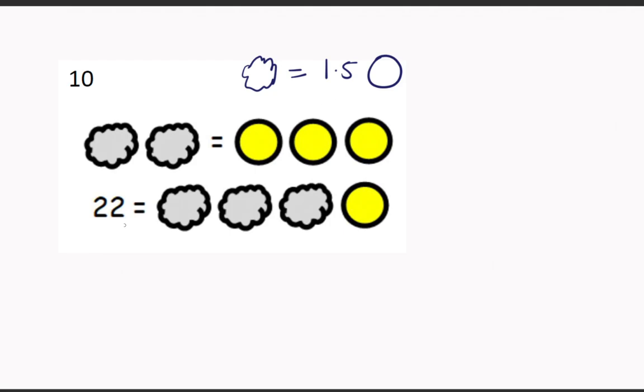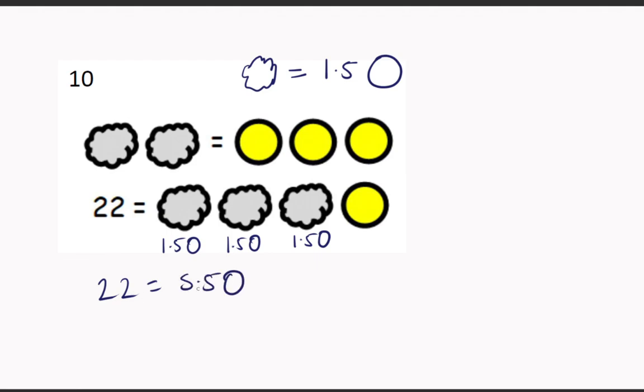Okay. So then in the second line, each of these clouds I can replace by 1.5 circles. That's all these circles. Okay, so how many circles have I got all together? Well, 1.5 and 1.5 and 1.5 is 4.5 plus another 1 whole circle, that's 5.5 circles.